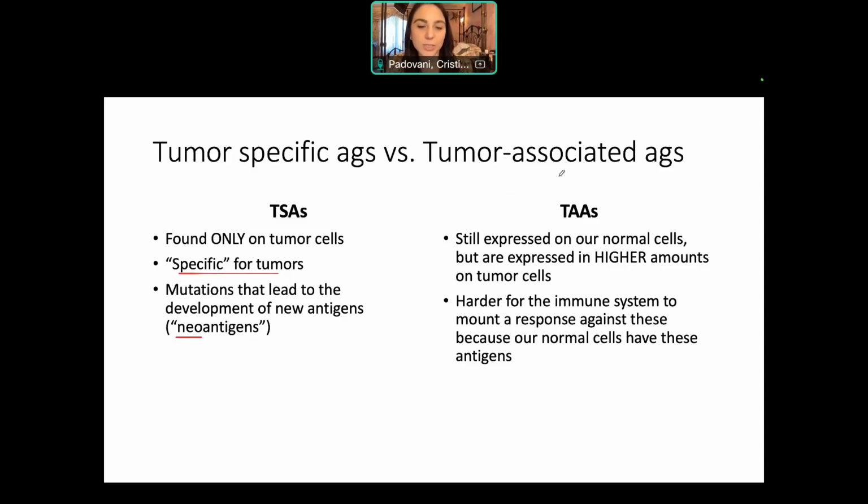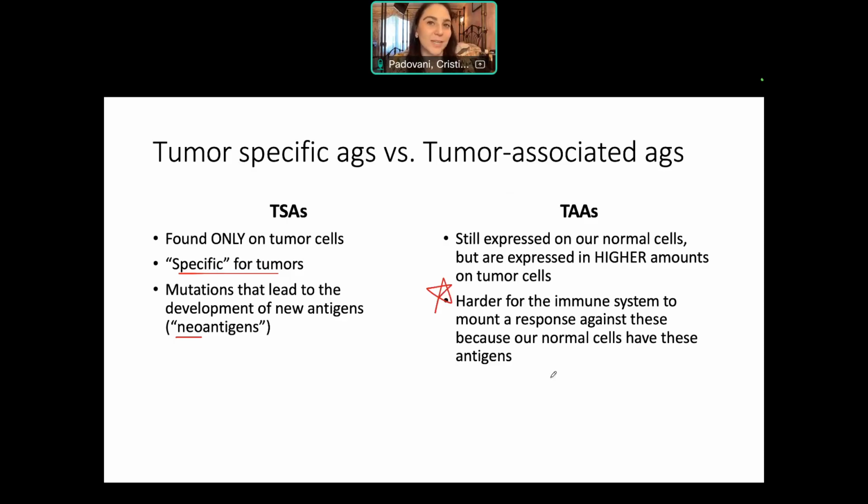A tumor-associated antigen is an antigen that's still expressed in our normal cells, but for whatever reason, it's expressed in higher amounts on the tumor cells. These ones are much harder for the immune system to mount a response against because our normal cells have these antigens. A really good example is a type of B cell lymphoma that has a really high level of CD20 or CD21.